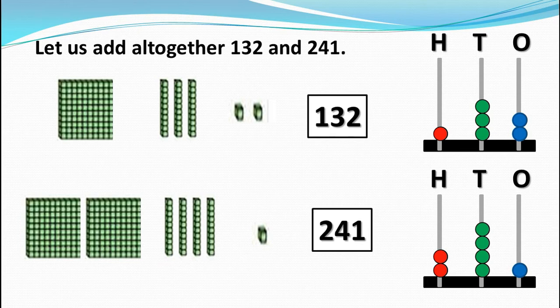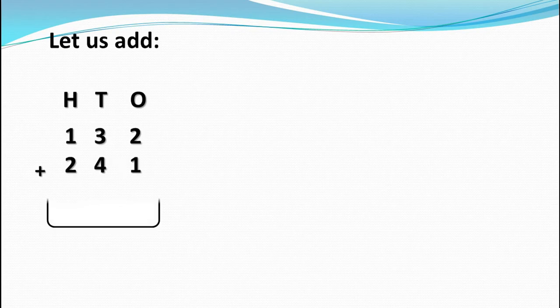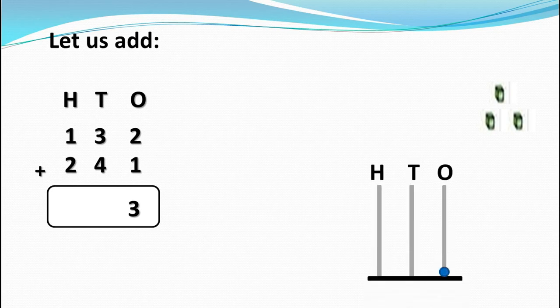When 1 ones is added to 2, what number will come? Yes, 3. We get 3 on ones, so here we have 3 ones blocks. And on the abacus, on the ones rod we will put 3 beads. Now add tens. 3 plus 4 equals 7.